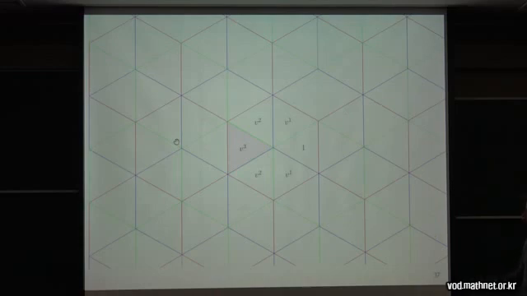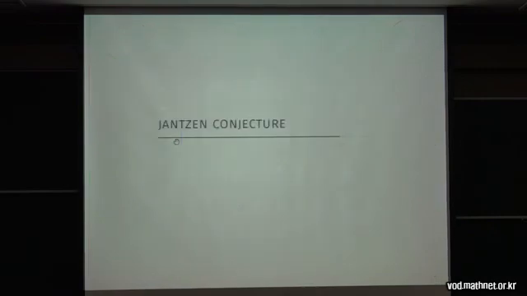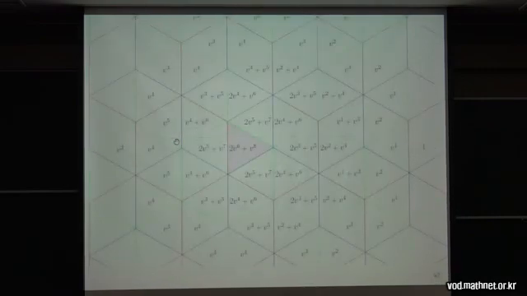Kazhdan and Lusztig came up with these polynomials and saw that at the same place the same 2 occurs, and so then they made their conjecture based on that. It's kind of remarkable. So these are these polynomials. There's some inductive combinatorial rule to define them.